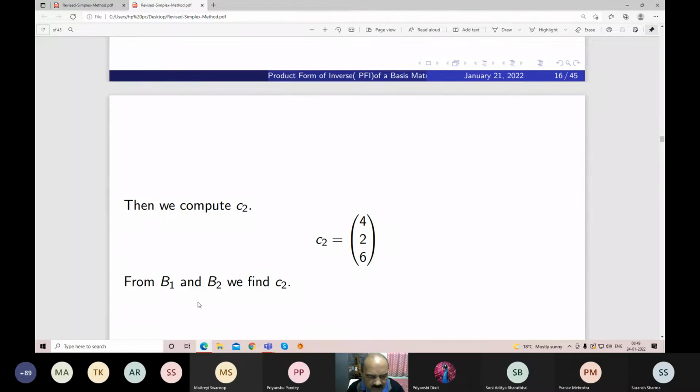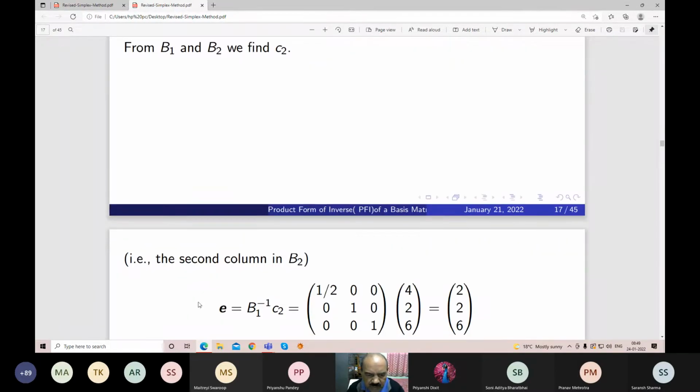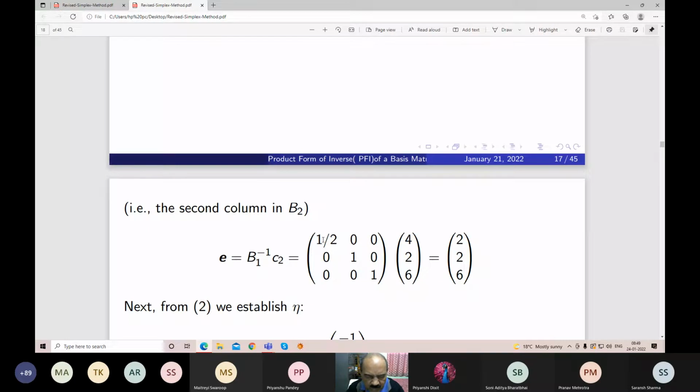So what is B1 inverse here? B1 inverse, column-wise: half, 0, 0, 0, 1, 0, 0, 0, 1. B1 inverse into C2. Earlier we were multiplying B inverse into C2 because only one column was different. Now here two columns are different.